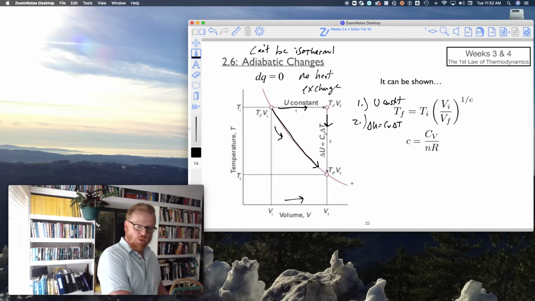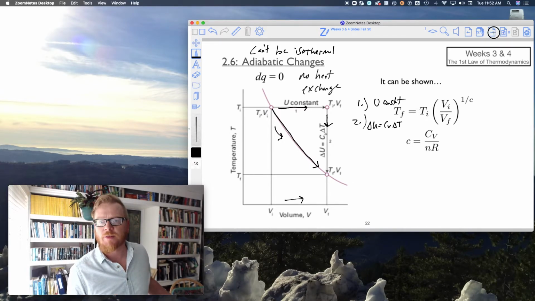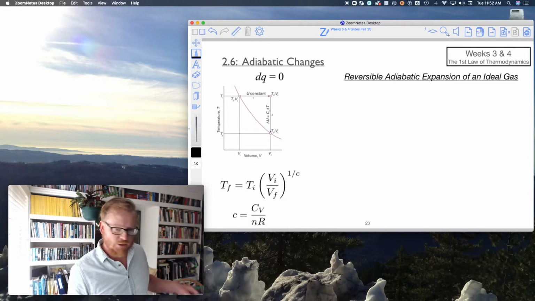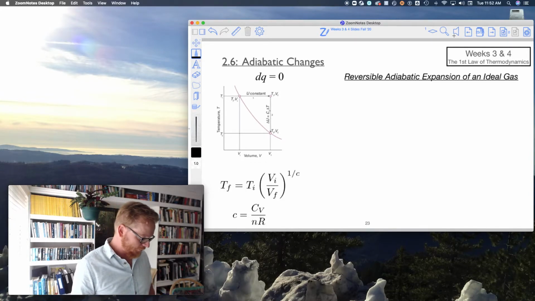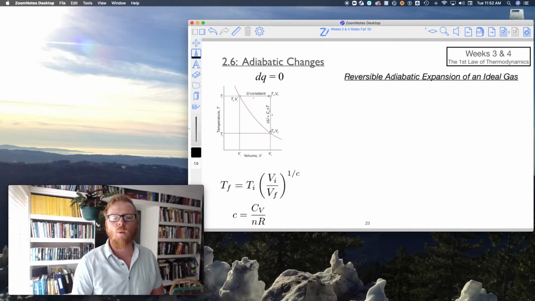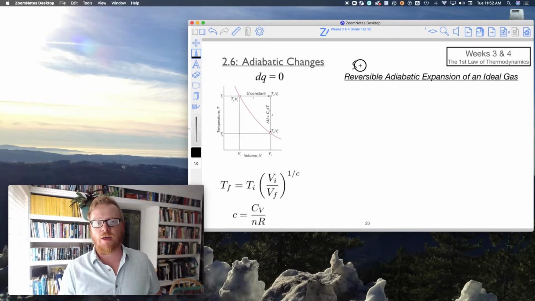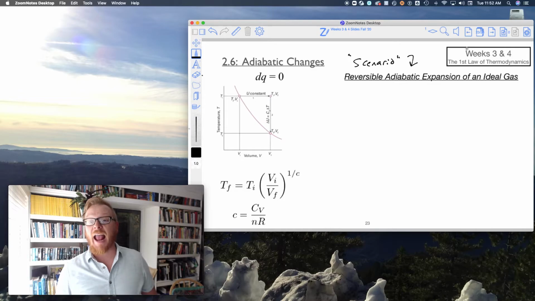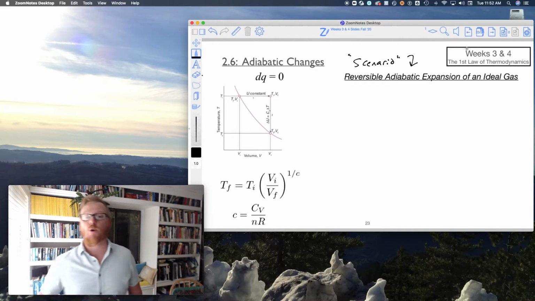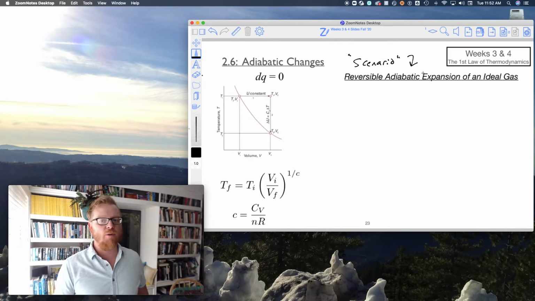So I want to derive, let's see what I have on the next slide. Yes, okay, so I've got plenty of space here to work. Now I want to work out another one of these scenarios. Let me rewrite that. This scenario: reversible adiabatic expansion of an ideal gas. So we're adding lots and lots of qualifiers, right? We've already talked about reversible expansion.